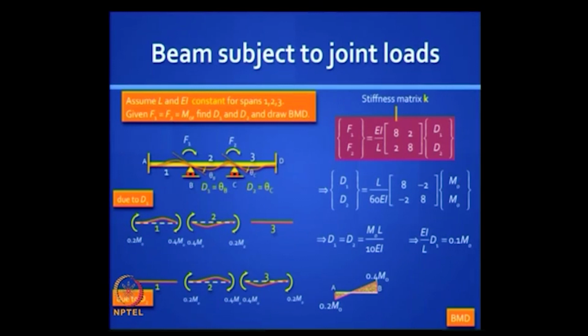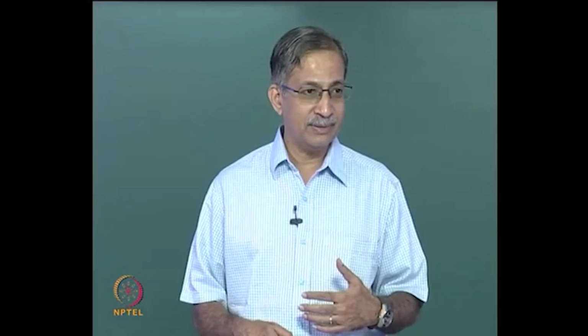So for element 1, that's the bending moment diagram. When you apply D2, nothing happens to element 1 because you have restrained the joint B; nothing spills over to element 1. Is it clear? You should have no doubts about this. I am adding those two free body diagrams. That's superposition. I am saying apply the effect of D1.